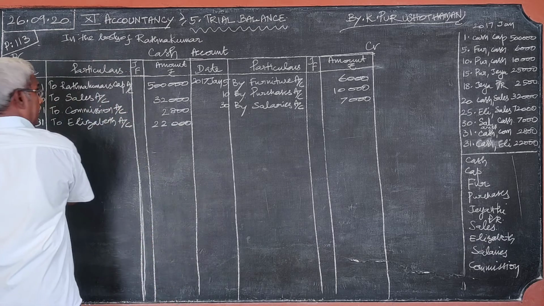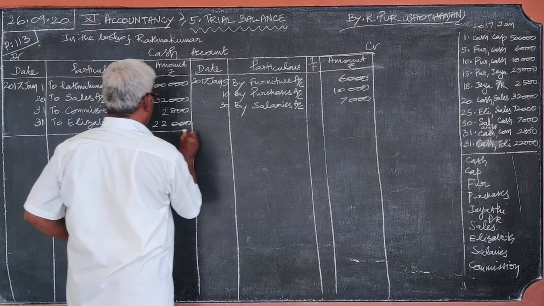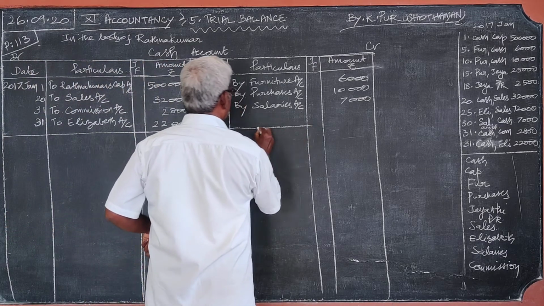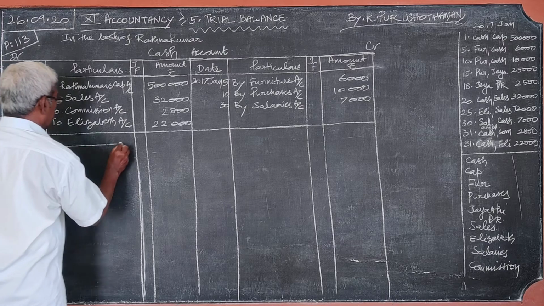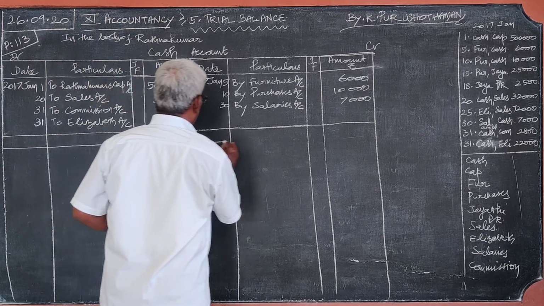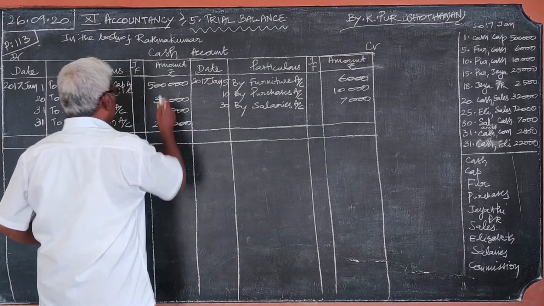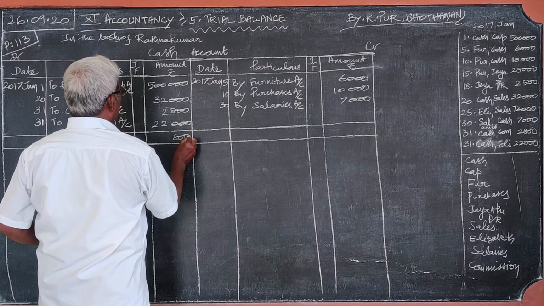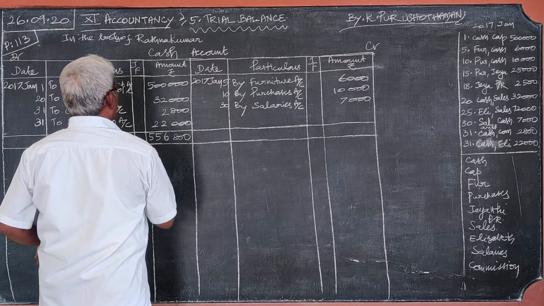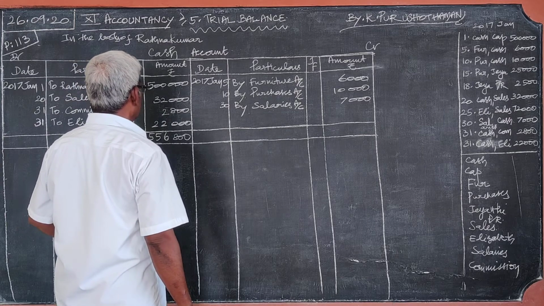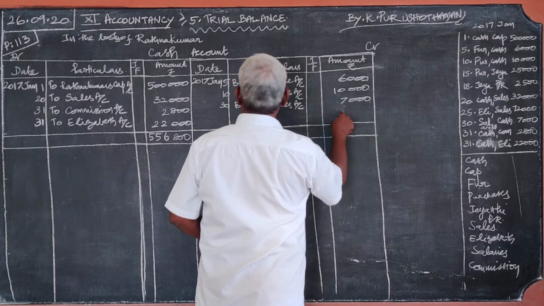So we can find the total. Here 5 lakhs 56,800. Here only 16 plus 7, 23,000.